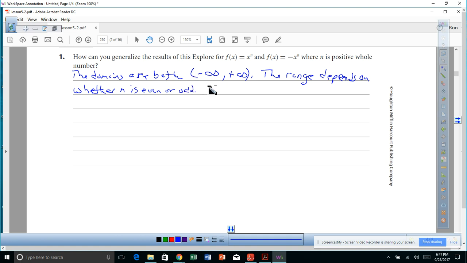If n is odd, the ranges are negative infinity to positive infinity.